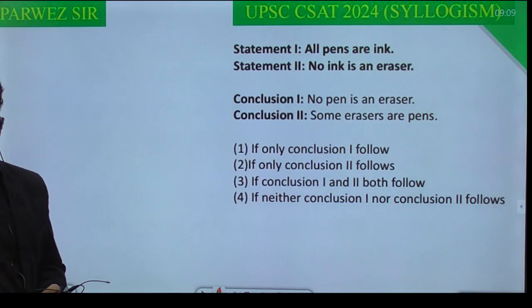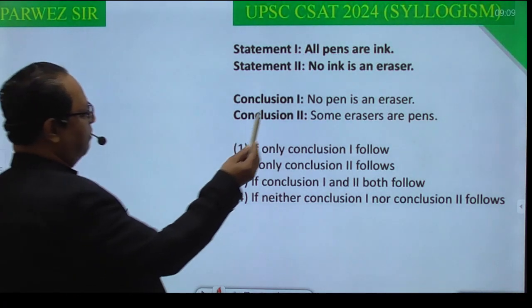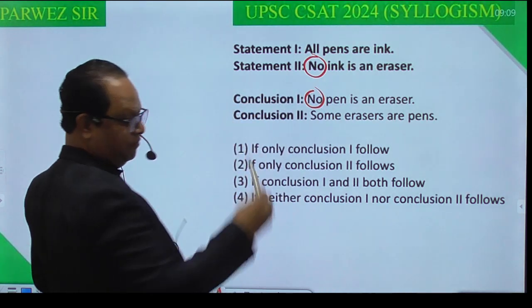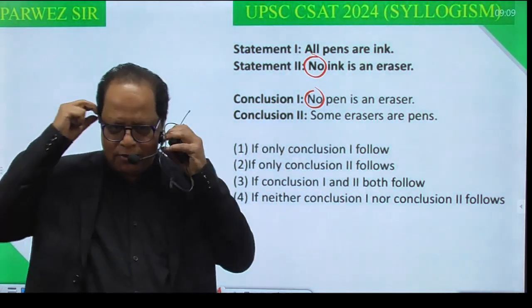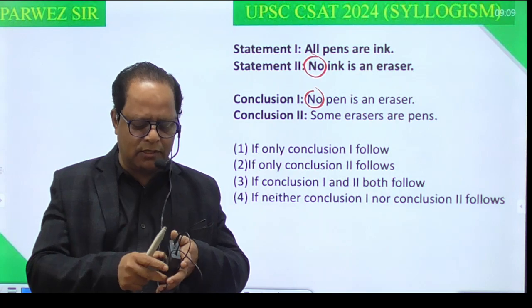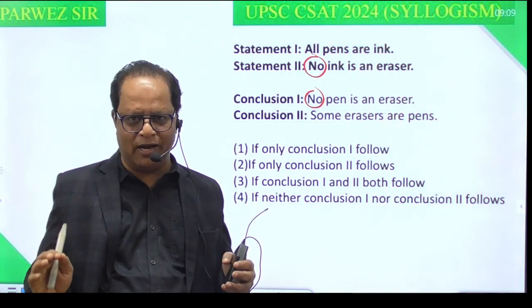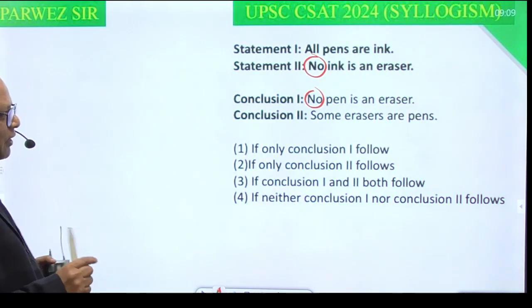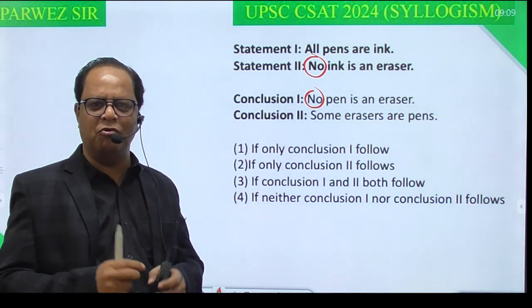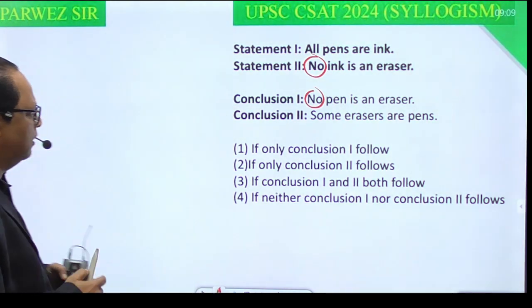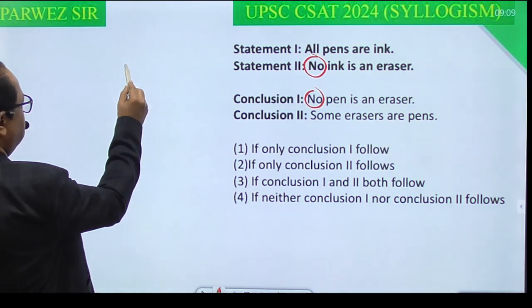Now in this question the statement is negative, and the conclusion is also negative. How will we do it when the question comes in the form of negative? Here I am showing you how to solve questions asked in negative form. Look, all pens are ink.